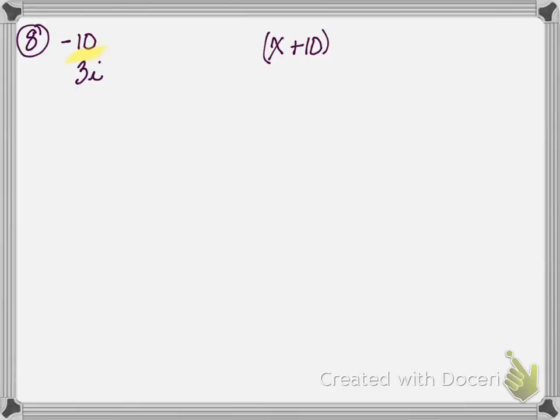The next solution that we're going to talk about is positive 3i. Positive 3i is a complex or imaginary number, and imaginary numbers have to also have their conjugate. So if 3i is a solution, because it's imaginary, it travels in pairs, and so negative 3i has to also be a solution.